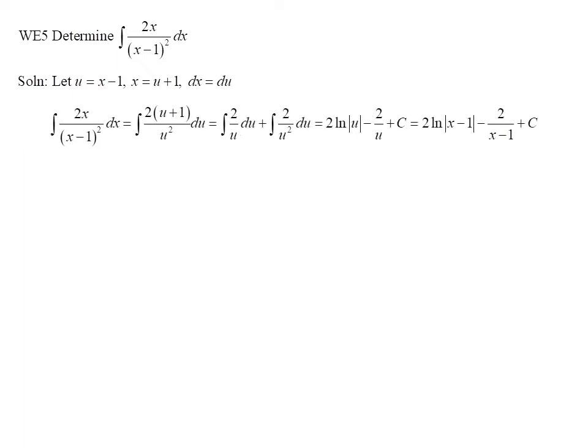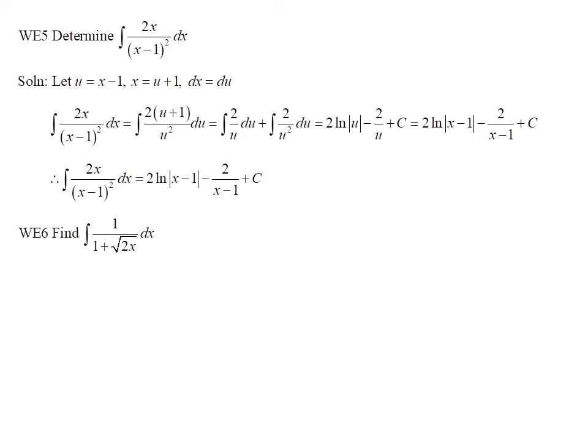Hence, the antiderivative can be written as the integral of 2 times (u plus 1) over u squared du, which can be written as the integral of 2 over u du plus the integral of 2 over u squared du, which equals 2 times ln of the modulus of u minus 2 over u plus c. After back substituting to the variable x, the antiderivative equals 2 ln of modulus of x minus 1 minus 2 over x minus 1 plus c.